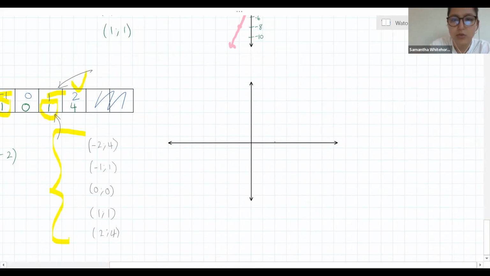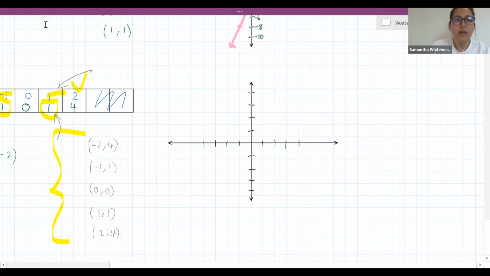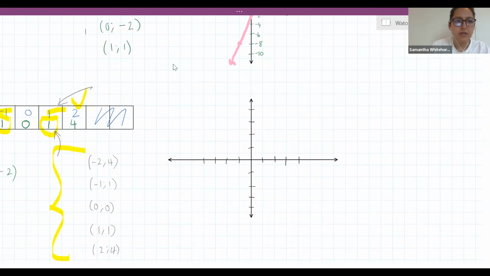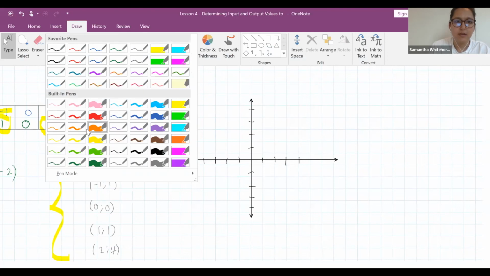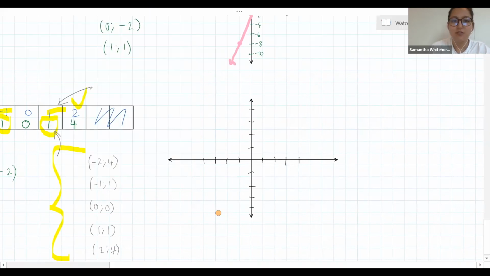Again, I've made choices here: 2, 4, 3, 4, 1, 2, 3, 4. I'm not writing in the numbers, it goes up in ones. Right, if we go and plot these points, our first point that we had is -2, 4.